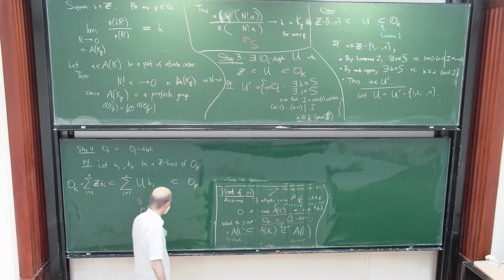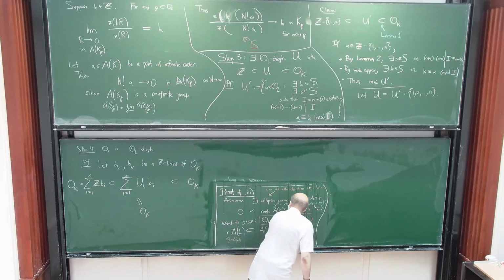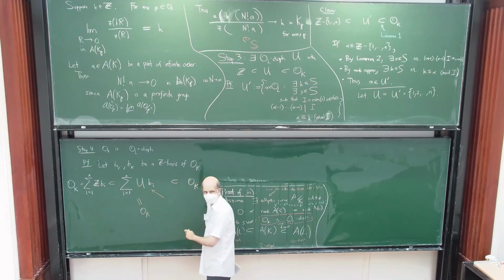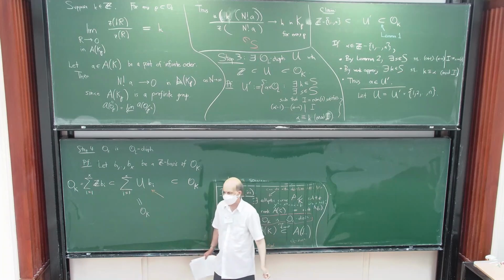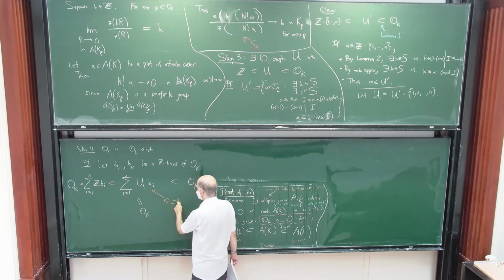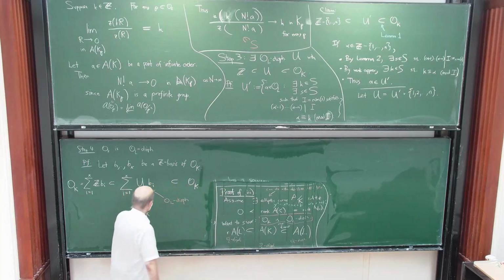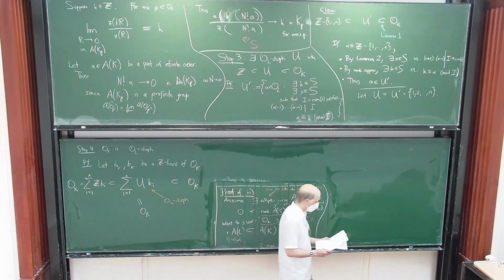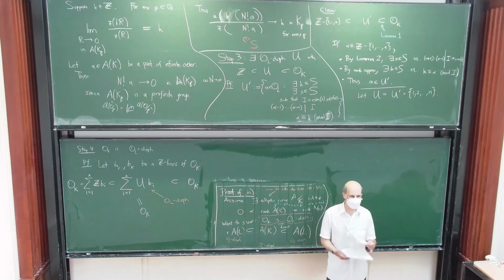But also the key thing is that by the way this is constructed, U was OL Diophantine, and if you multiply by b_i, then it's still OL Diophantine, and the sum of Diophantine sets is also OL Diophantine. So this proves that OK is OL Diophantine. Okay, so that's it. Thank you all for your attention.